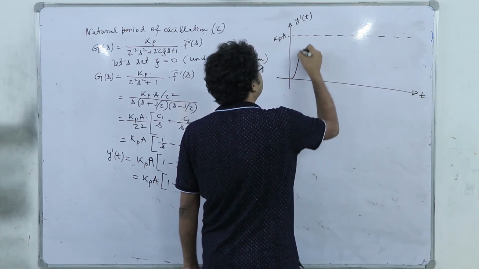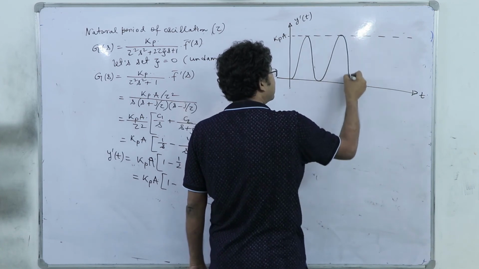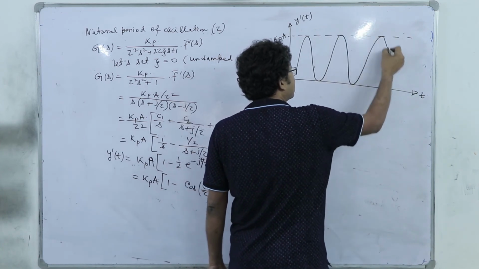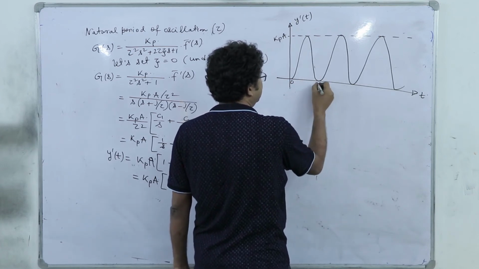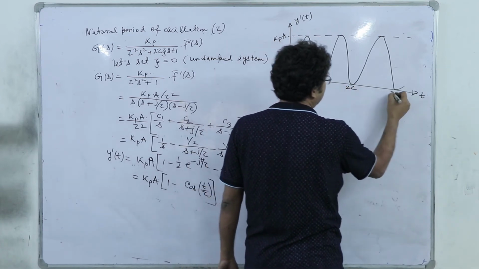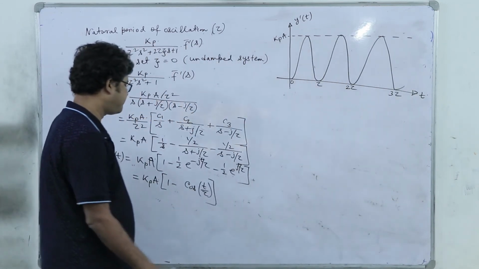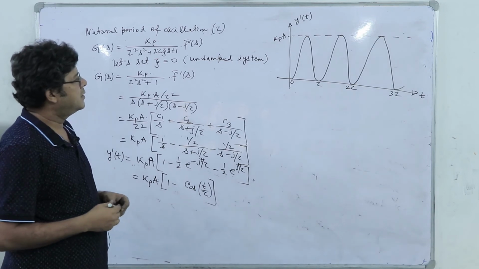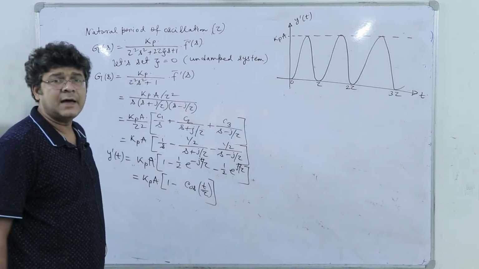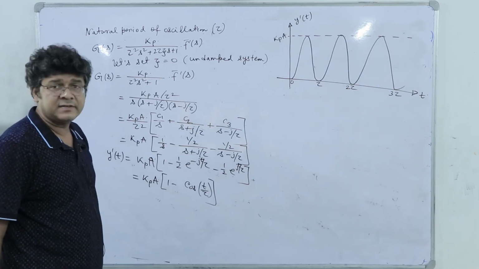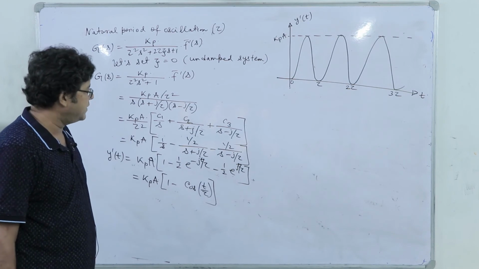So, it will be like this. Right. So, 0, then tau, then 2 tau, 3 tau, etc. It will continue oscillating without any damping effect, and that is why it is an undamped system. The y prime is not going to decrease.